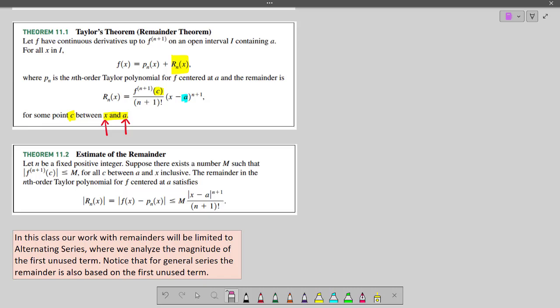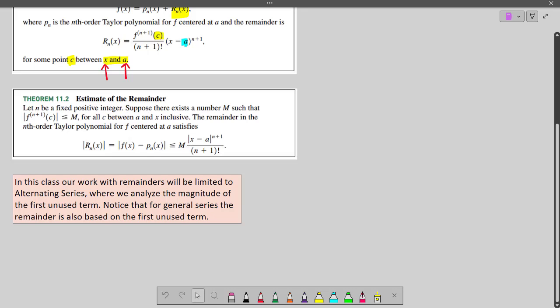You can figure out a lower value and an upper value, and c is going to give you something in between. So you can get a gauge on the remainder. Kind of like with the alternating series, that first unused term gives us a gauge on the remainder. It doesn't tell us exactly what the remainder is, but it gives us a gauge. So the idea is that we could plug in these two values and figure out a range or an upper bound on the remainder.